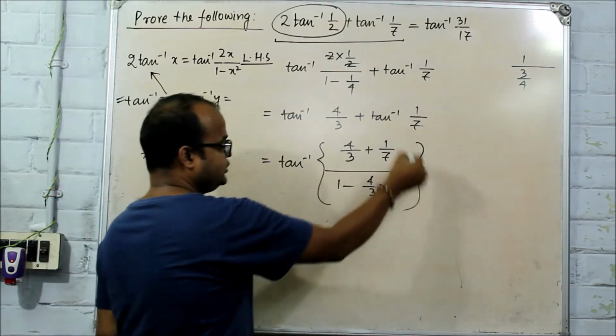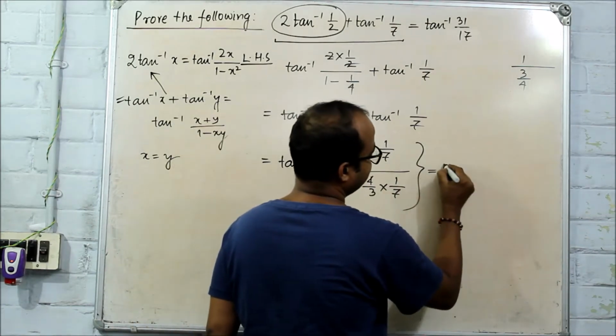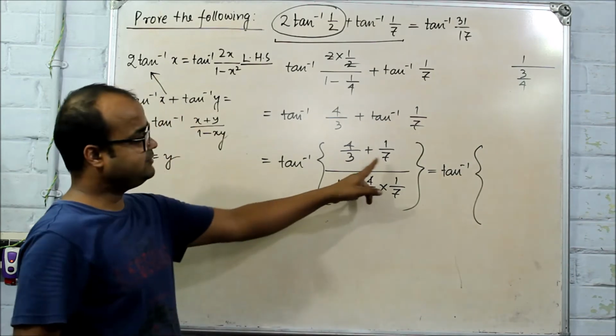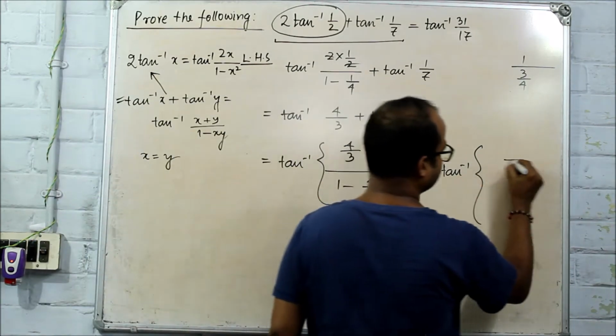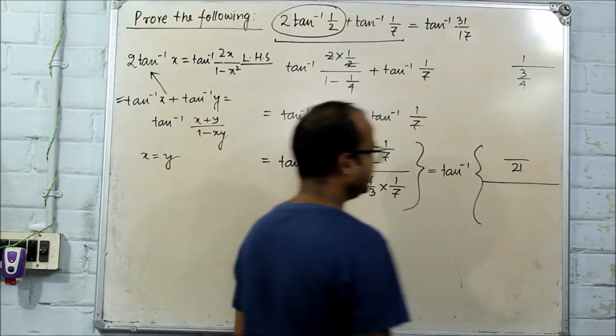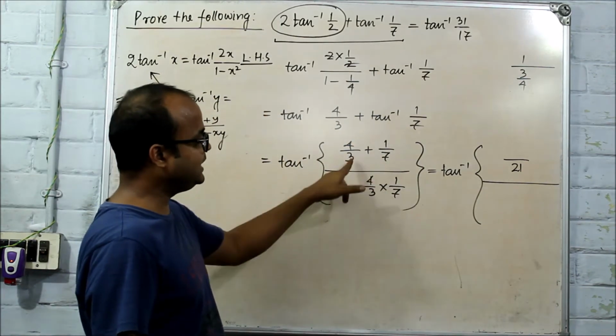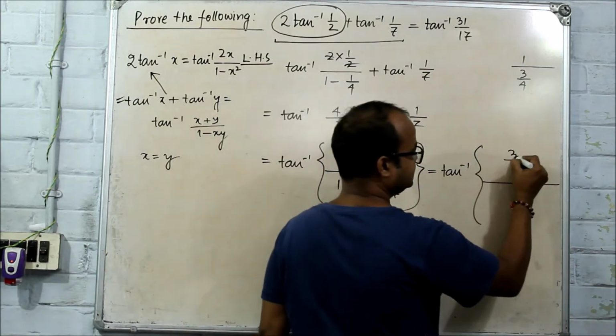Now we need to simplify this one. So this will be equal to tan inverse, LCM is 21. We are simplifying the numerator part first. So 4 sevens are 28 plus 3, 31.